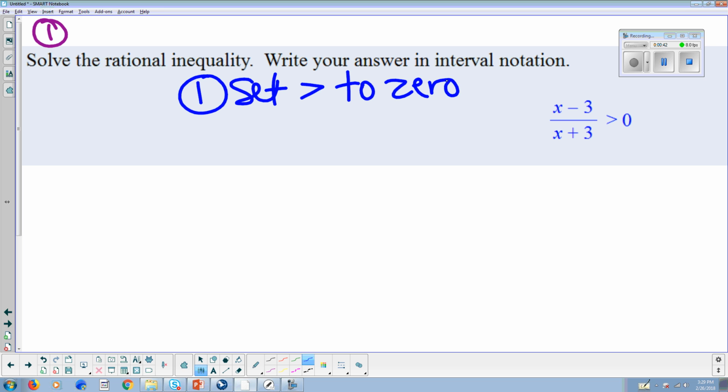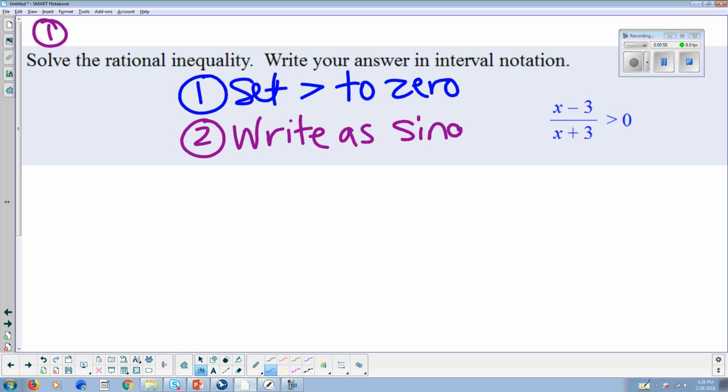Okay, and this one we can see is already set with a 0 on one side of the inequality. After we do that, we're going to write it as a single fraction. And we do see on the left side a single fraction.